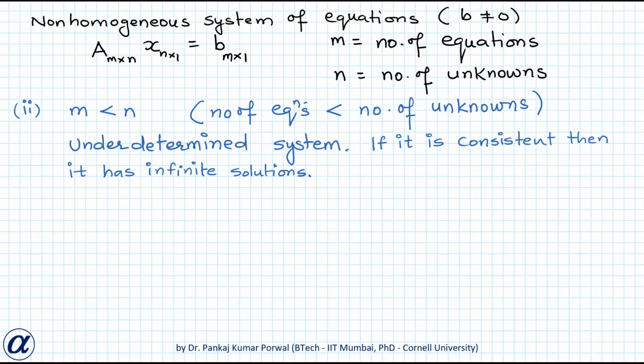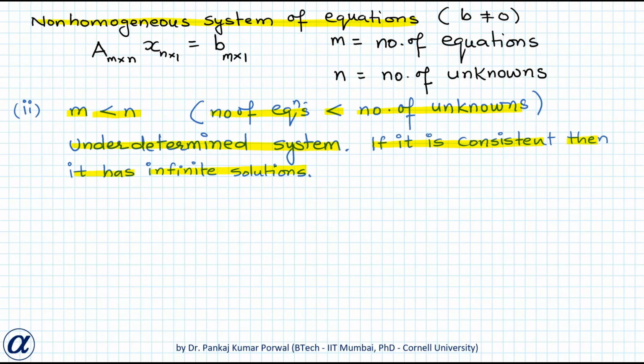Next, we consider a non-homogeneous system of equations where the number of equations is less than the number of unknowns, that is m is less than n. Such a system is called an underdetermined system of equations, and if such a system is consistent, then it has infinite solutions.